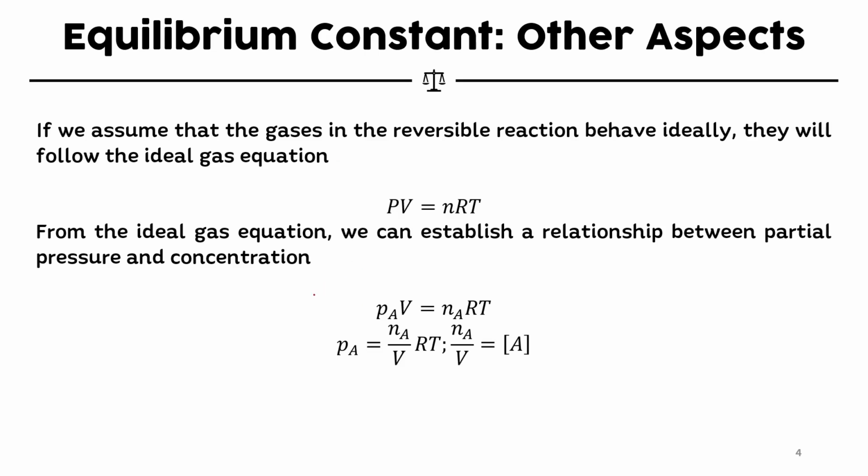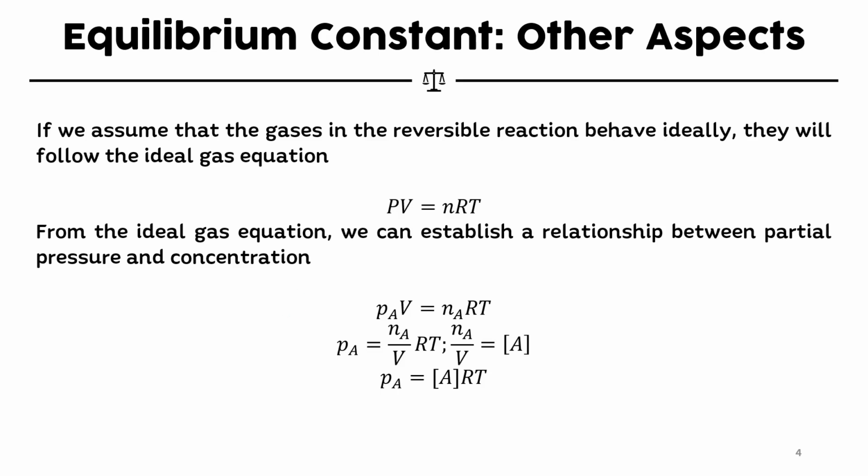So we substitute this expression into our ideal gas equation here. Therefore, the partial pressure of A is equal to its molar concentration multiplied by the ideal gas constant and the temperature of the reaction. So we have used component A as a sort of model.